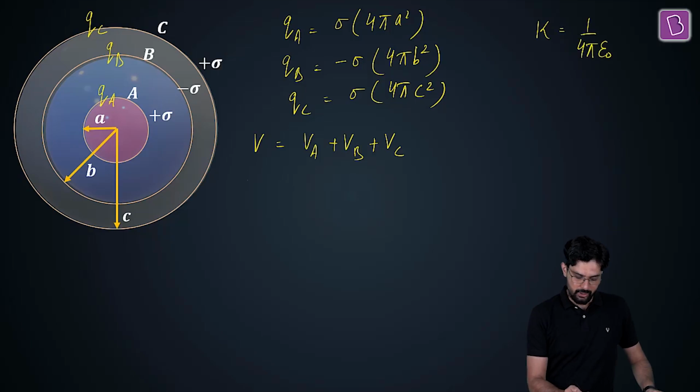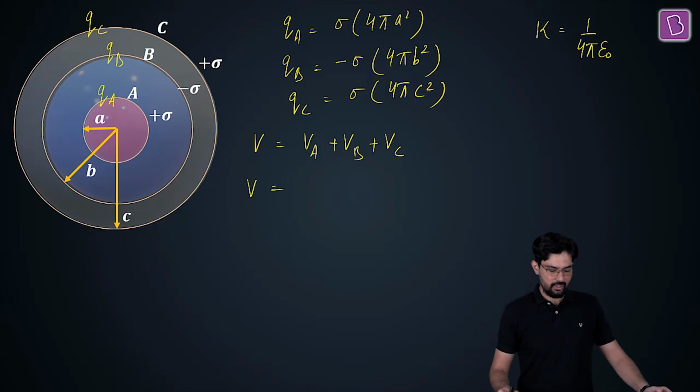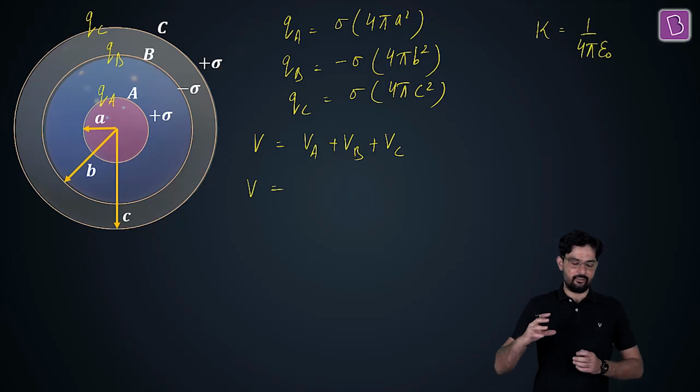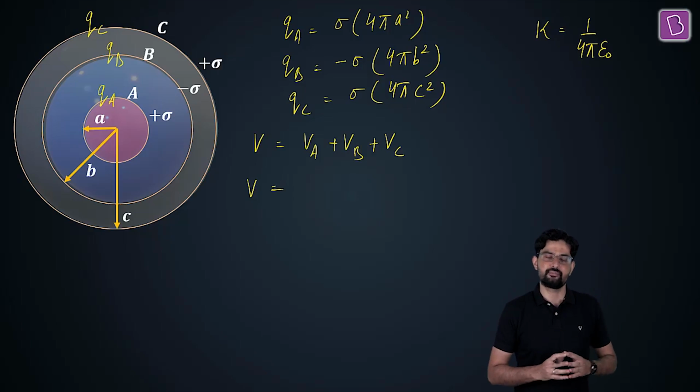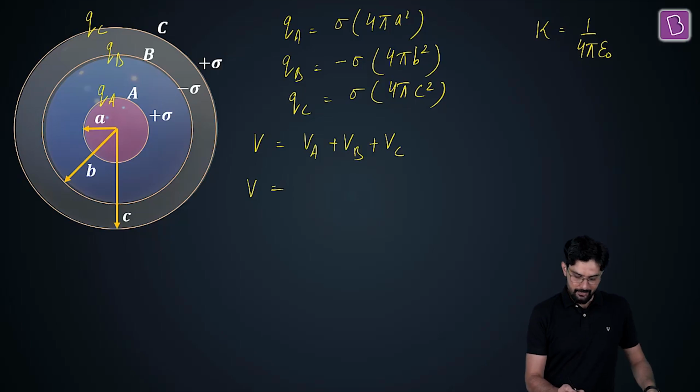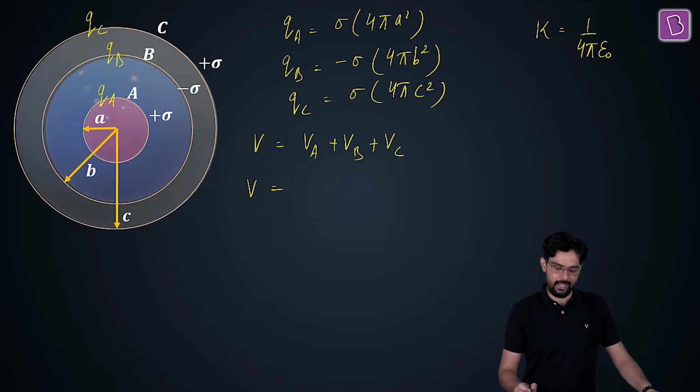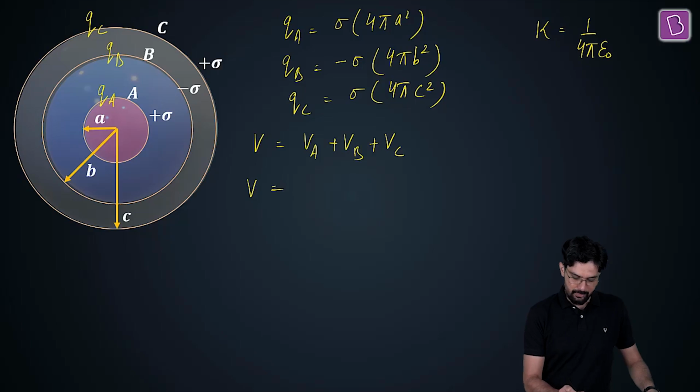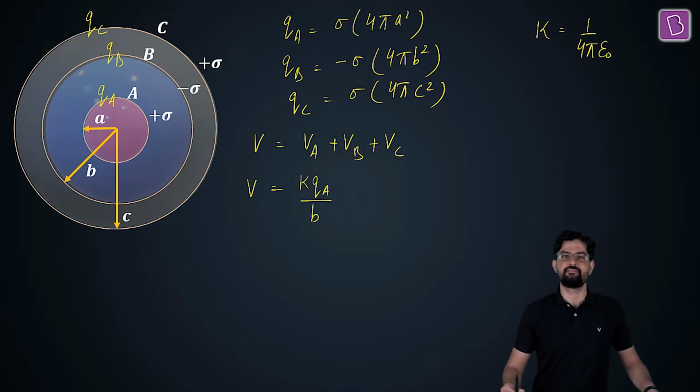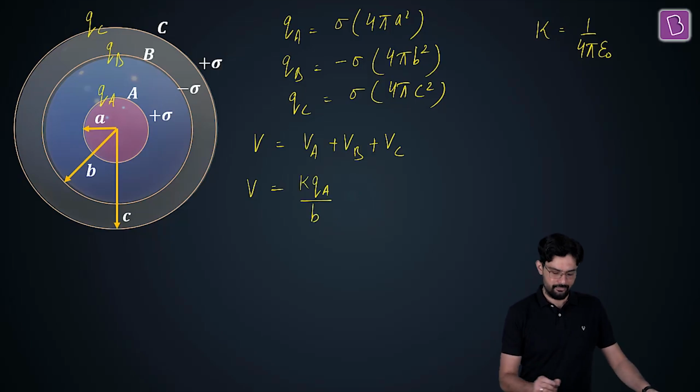So the potential is going to be, now can you see that for the shell A, shell B lies outside of it. So VA, or you can say that potential contribution due to shell A is going to be KQA divided by B, right?